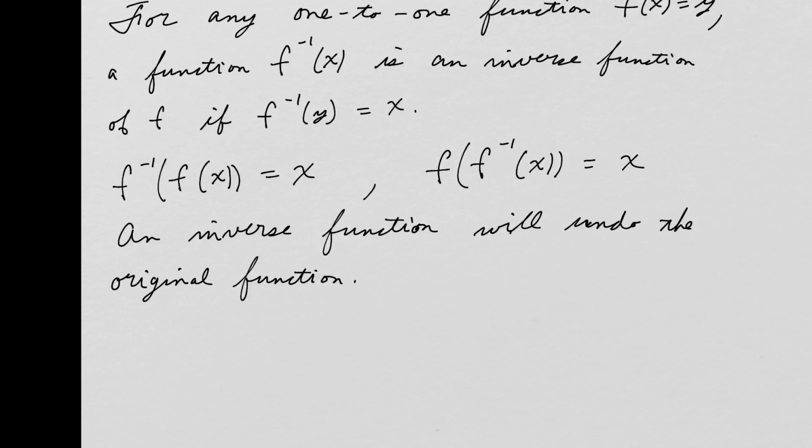So, for example, if f of a is equal to b, so now my input is a, my output is b, then if I do f inverse of b, what do I get back? I'm going to get back a. Right? So f of a equals b, then f inverse of b becomes a.